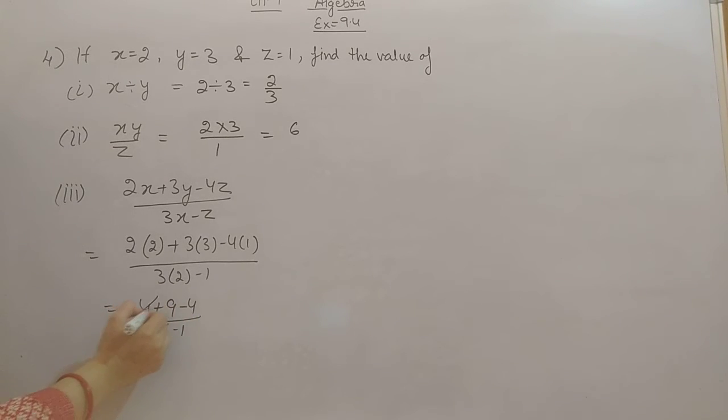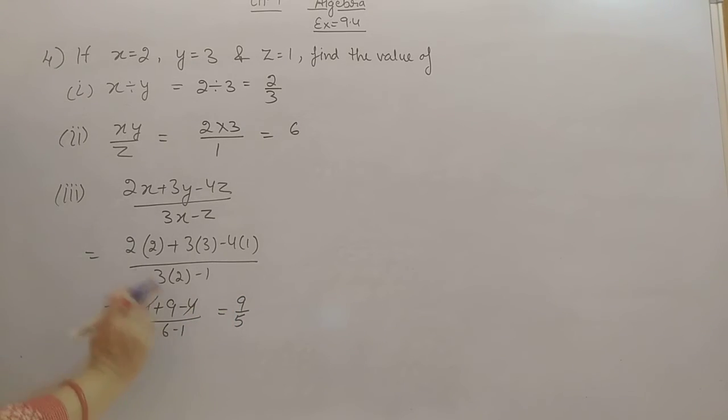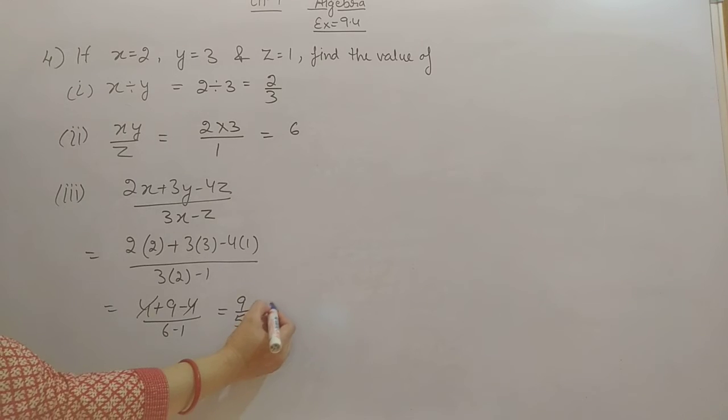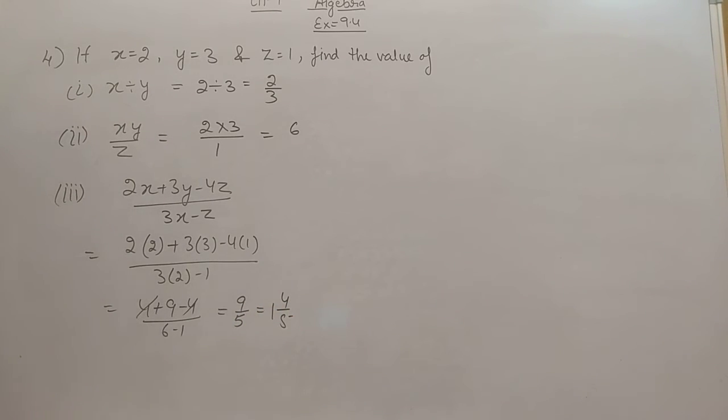Plus 4 minus 4, so this thing will cancel out. 9 by 5 we will get, 6 minus 1 is 5, which you can convert into a mixed fraction, one whole number 4 by 5.